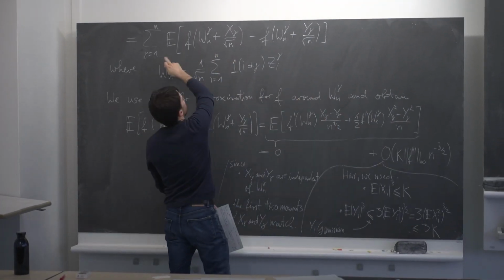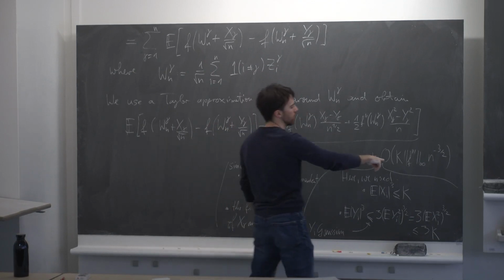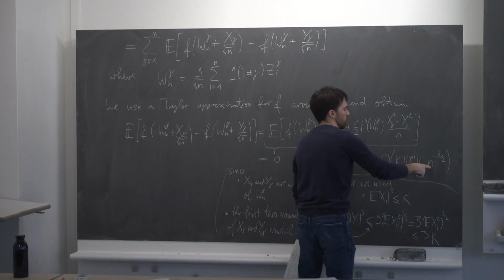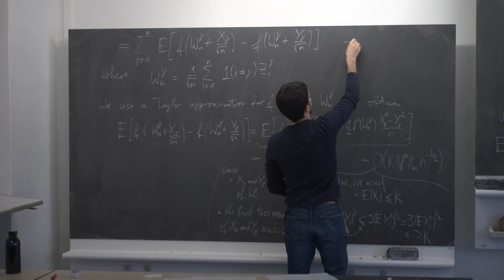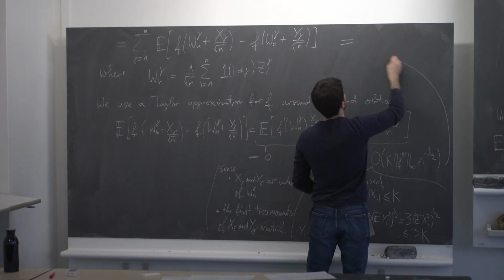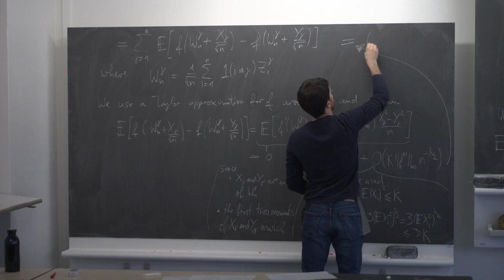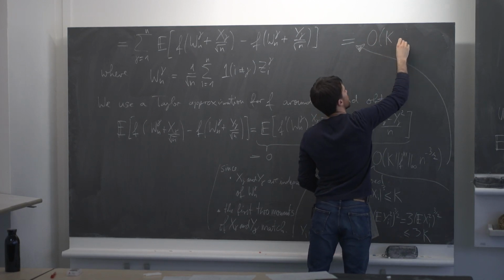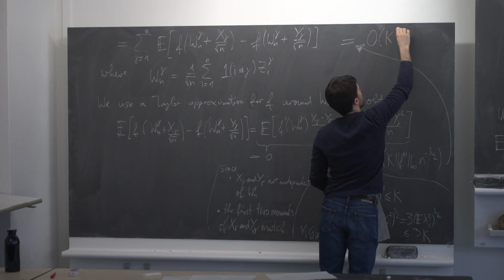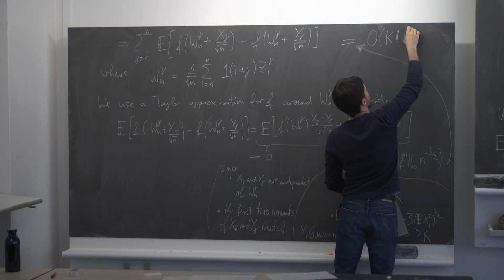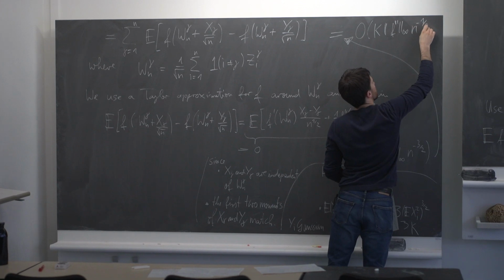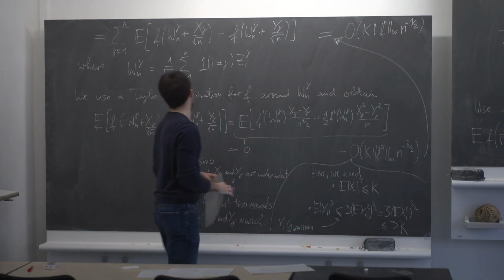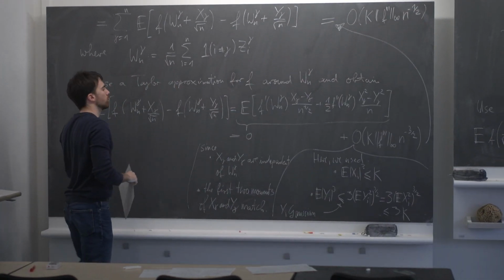We have n of them, so this whole sum is of this order, where I have to replace this here by, so from this here, we get that this is of order k, constants, so to say, stay the same, and I have an n to the minus 1/2, and that's what we wanted to prove.